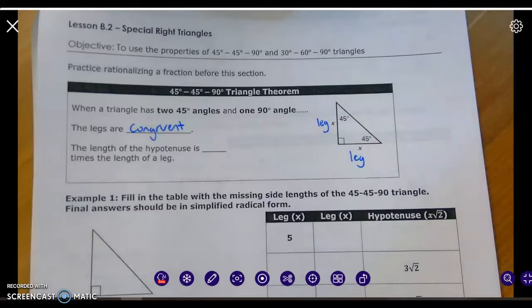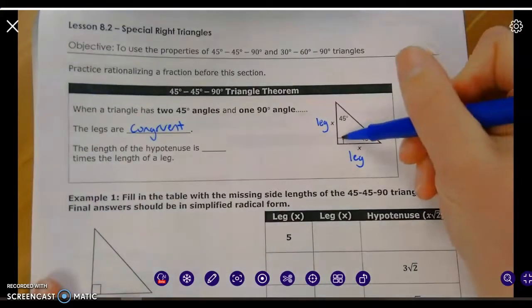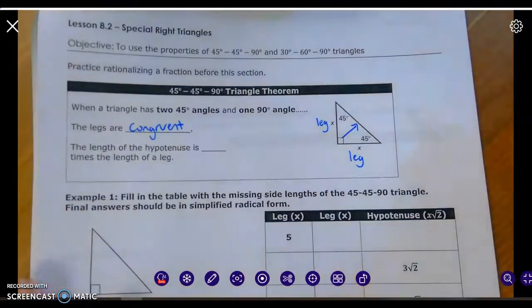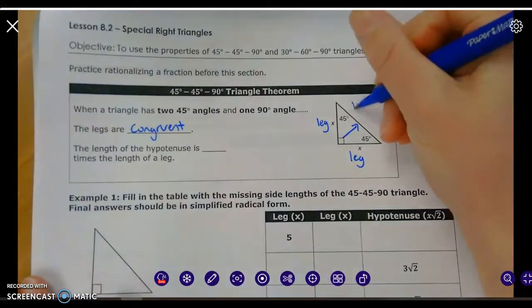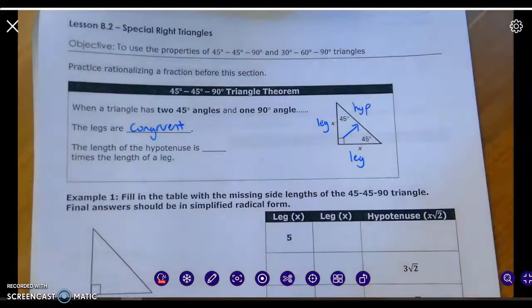And then this is what happens with the hypotenuse. So remember, our hypotenuse is across from the right angle. And I'm going to start using HYP for hypotenuse. Does that make sense to you guys? Okay.